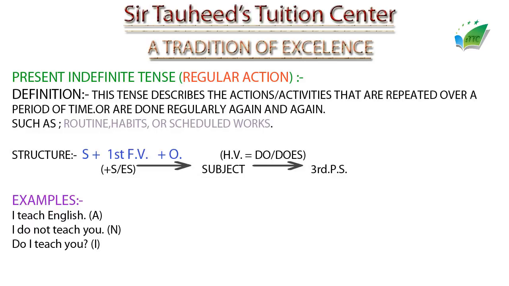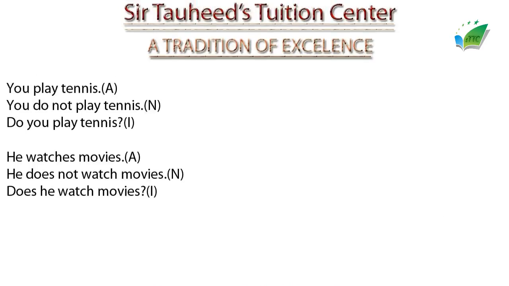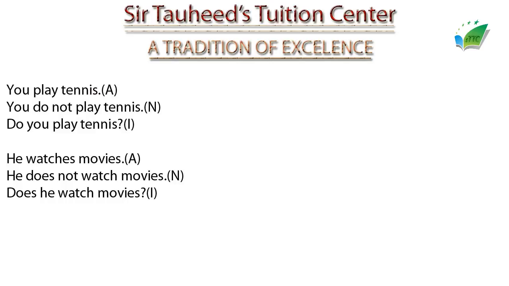Next part of this sentence is: do I teach you? Here you can see the helping verb is before the subject. So do I teach you is an interrogative sentence. Next example we have is: you play tennis.